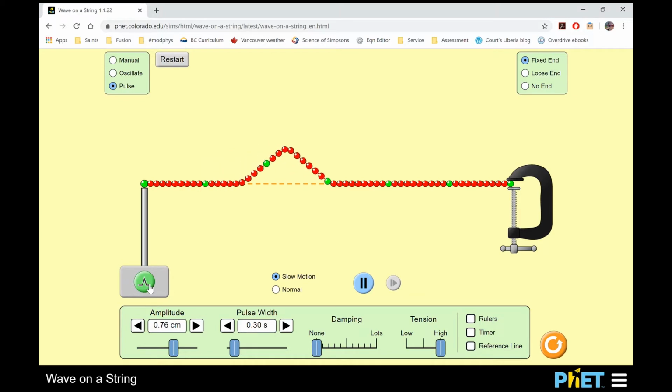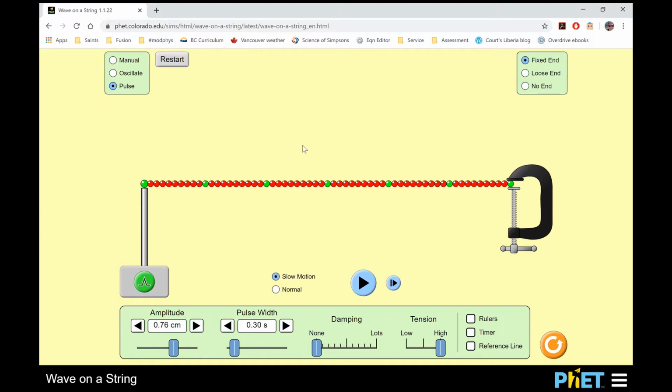I'm going to start a pulse, and then I'm going to start a second pulse so that they head towards each other. And as I let these go step by step, I can find a moment as they are exactly overlapped where I get approximately no amplitude at all.